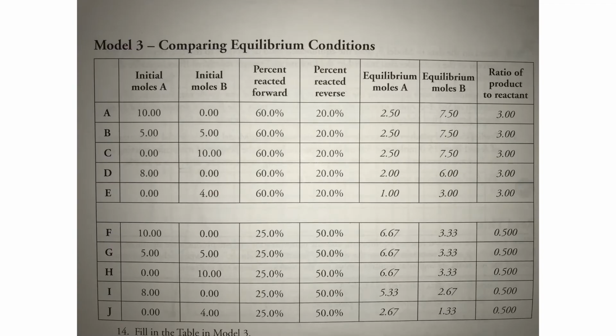The next thing that's really interesting to see is that this ratio holds true even if you start with a different number of moles. Up here, your total was 10 moles for each of these, but now in part D, we only had 8 moles, and in part E, we only had 4 moles. As long as you have the exact same chemical reaction going on, your ratios are also going to be equal.